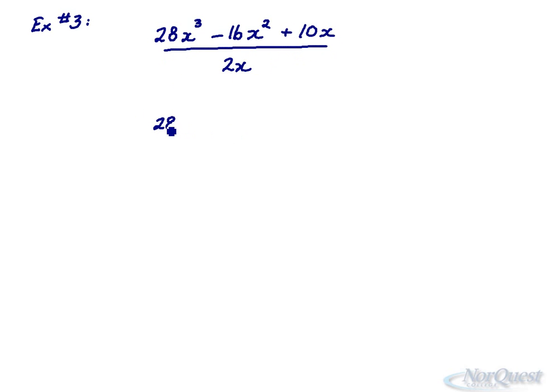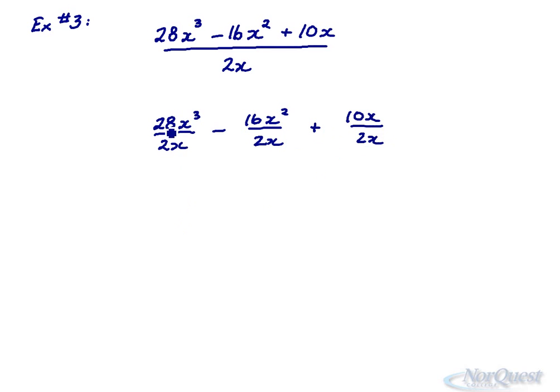So it's really 28x cubed divided by 2x minus 16x squared divided by 2x plus 10x divided by 2x. 2x goes into every single term of this expression.